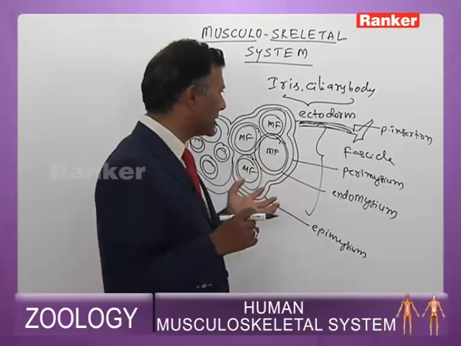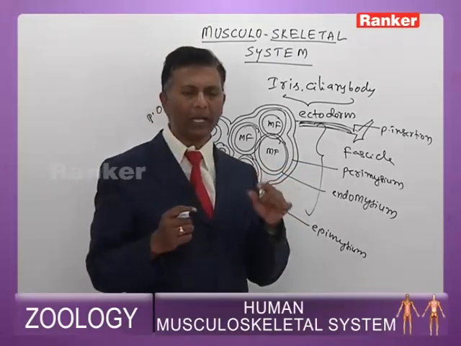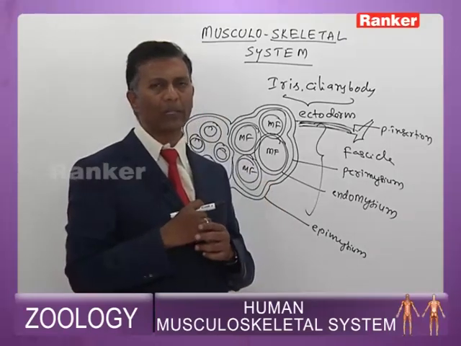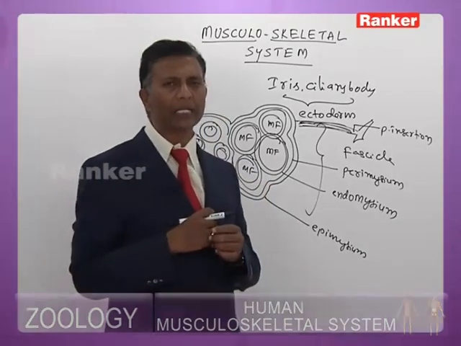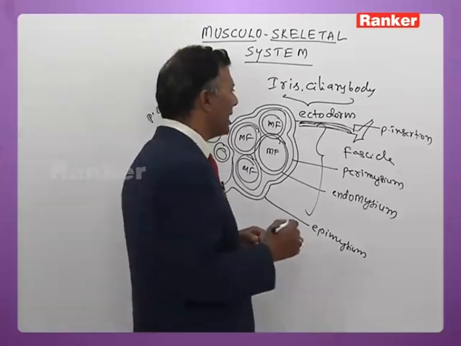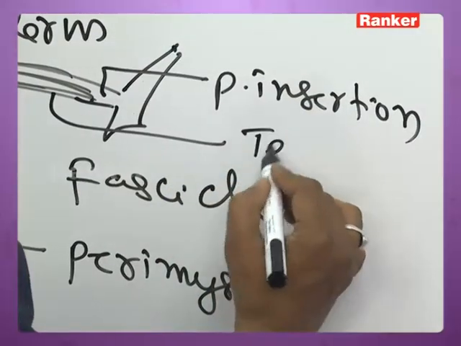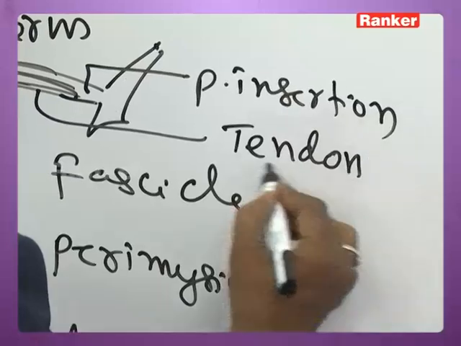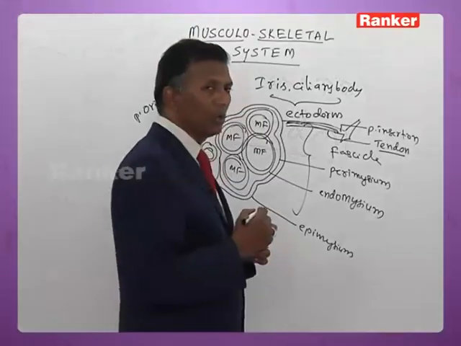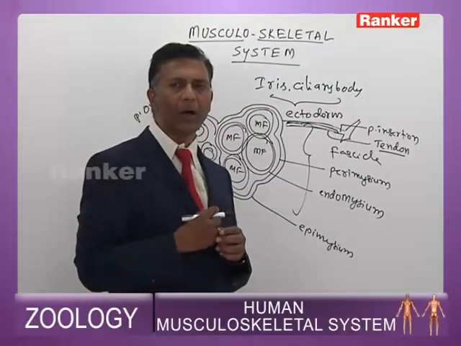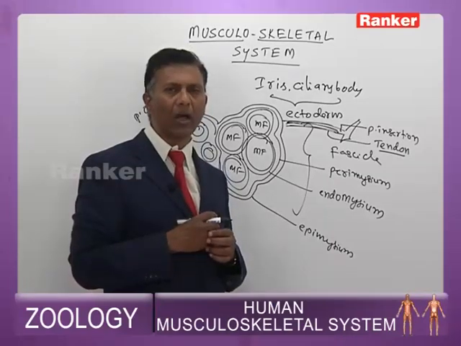Like that, the entire muscle is attached to the bones by a bundle of connective tissue fibers, that is, more collagen fibers and fewer elastin fibers. This bundle can be called tendon. The bundle of connective tissue fibers can be called tendon. So in the human body, the muscles are connected to the endoskeleton by tendons.